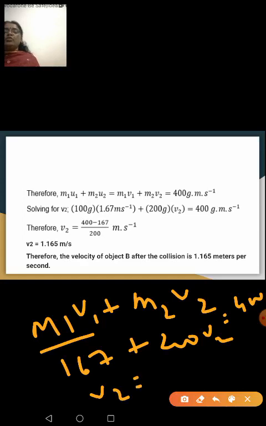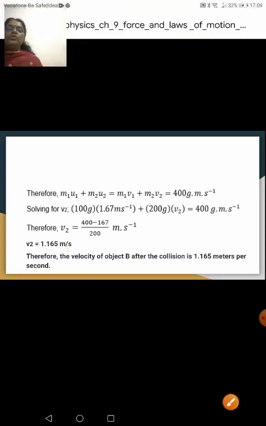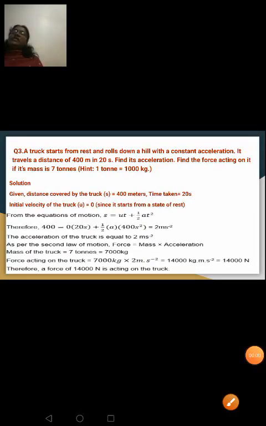If we want v2, it is 400 minus 167 upon 200. That is what is given here. When you subtract 167 from 400 and divide by 200, you get the answer 1.165. Therefore, the velocity after collision of object B will be 1.165 meter per second. Clear to you? Yes. Now let's solve the next sum.